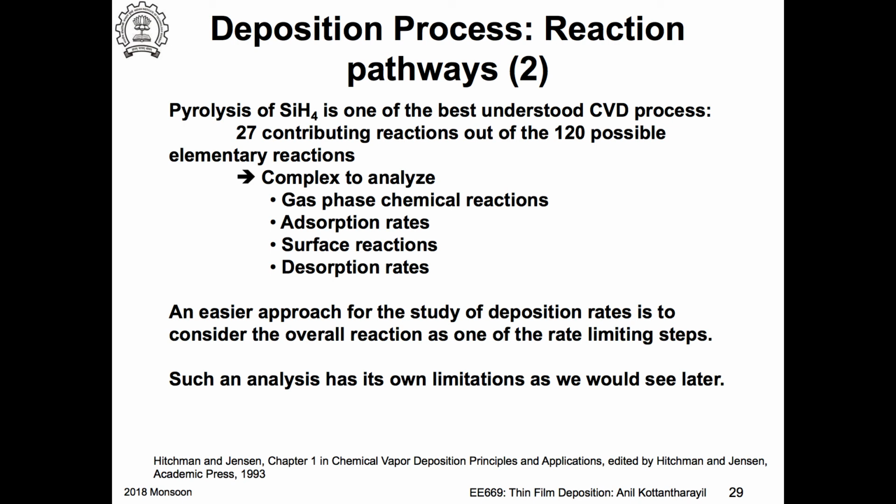It's very complex to analyze because of gas-phase reactions, and then you have adsorption on the surface, right? And then surface reactions that lead to the film deposition and desorption rates. Okay? So each of these could limit the reaction rate depending on which one is faster, which one is slower, and so on. Right?